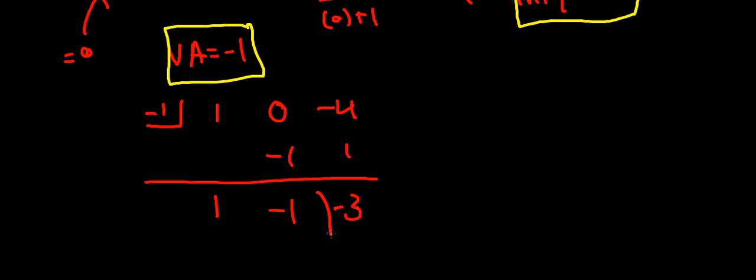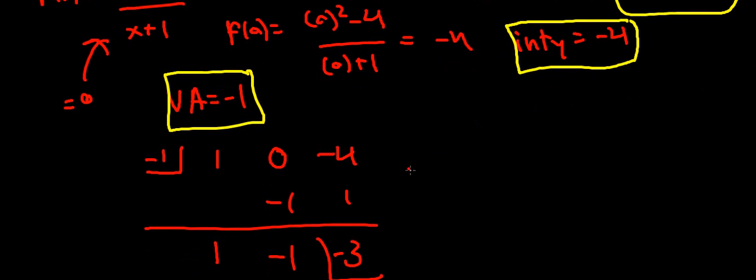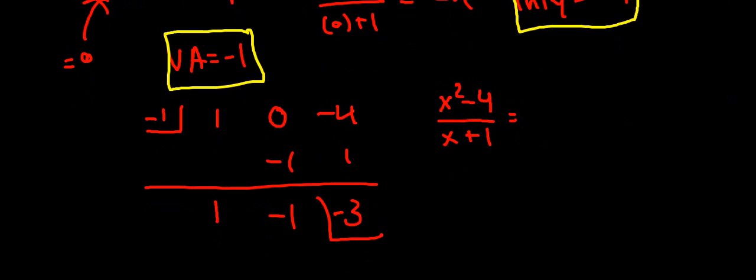So we have a remainder of minus 3. So what we've just done is said that this function, x squared minus 4 over x plus 1, if we divide this out, is the same thing as x minus 1 minus 3 over x plus 1.